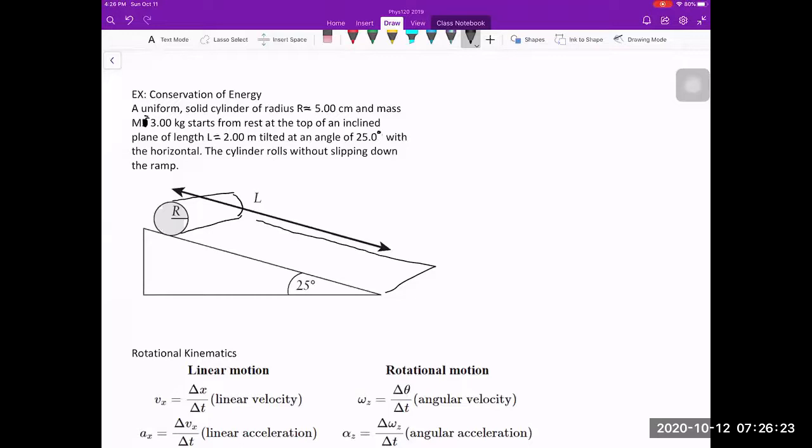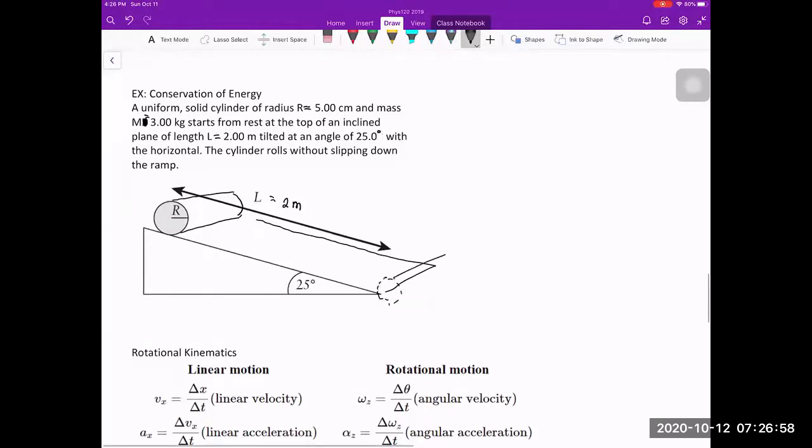Because it says there's no slipping, there's only rotation like this, then you need to consider the rotation in this case. The radius is pi. The distance of this one here is 2 meters. The angle over here is 25 degrees. And we want to find out what happens if this one rolls down to here.